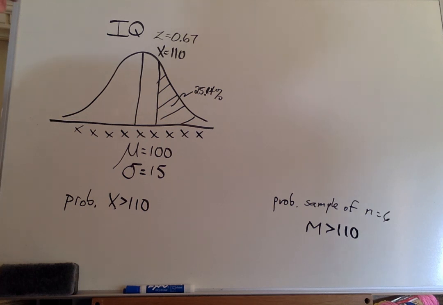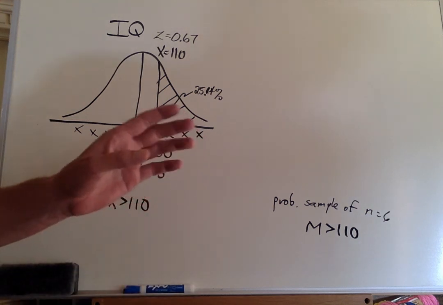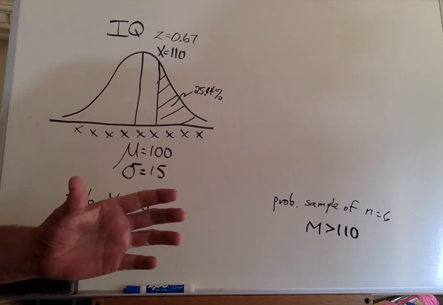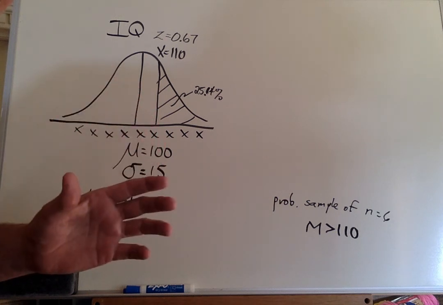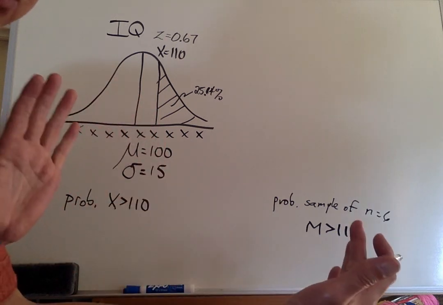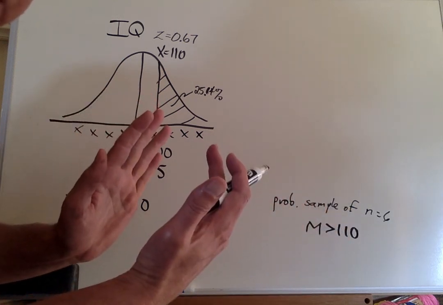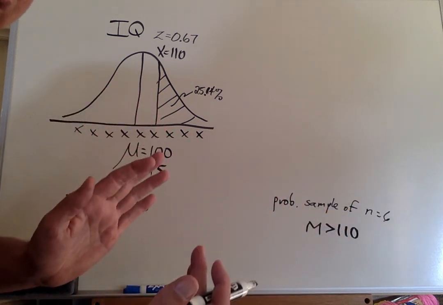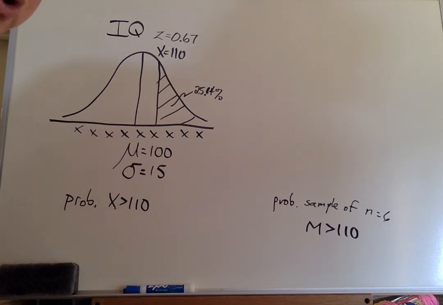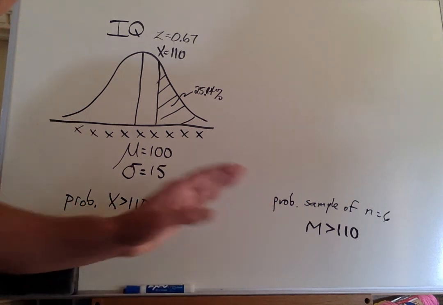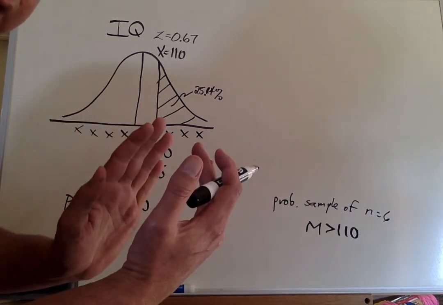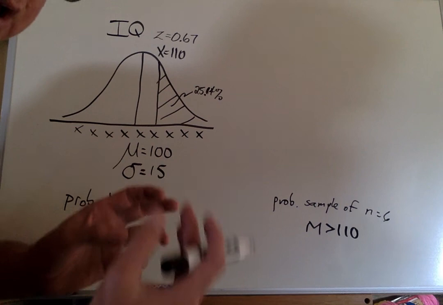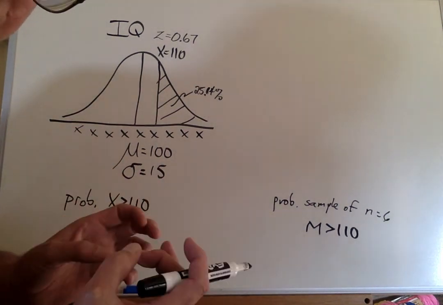Well, we have to use the central limit theorem here. And let's think this through. We know that samples of 6 are going to regress to the mean. That is, the distribution of samples of n equals 6 is going to have less variability. We know that because of the central limit theorem.